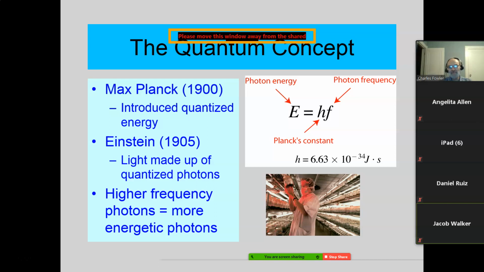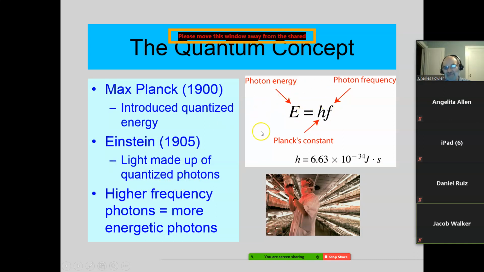So anyway, there was Max Planck. Following up on him was a little guy named, what was his name? Oh, Albert Einstein, okay? In 1905, he came up with the idea. Max Planck had introduced the idea that there were quantized energy packets, and Einstein said light was made up of these quantized photons of energy.